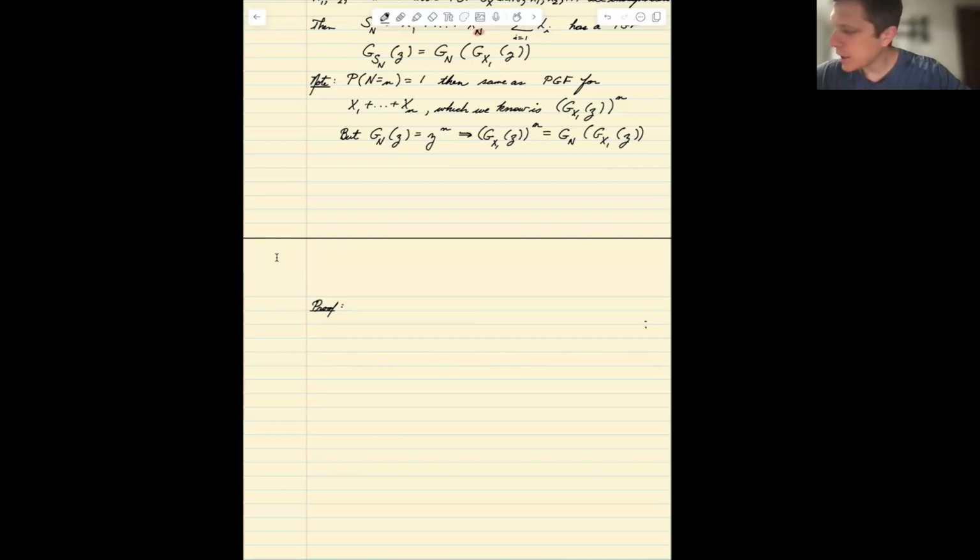Once again, we're going to have to leverage the fact that these random variables are independent, and we're going to condition. Why do we condition? We condition because we use the law of total probability.